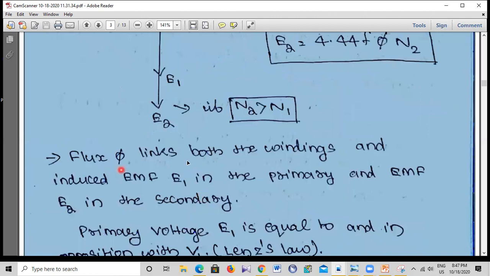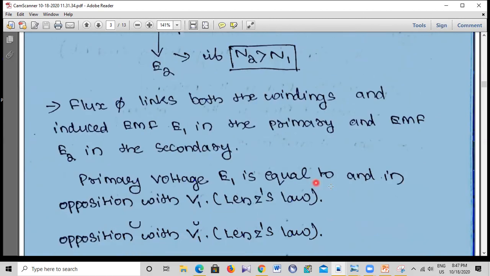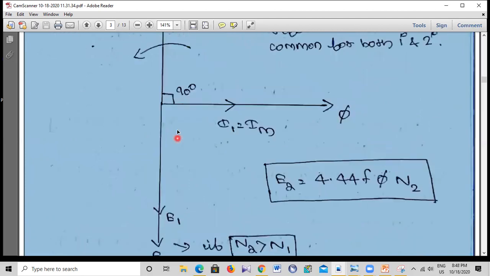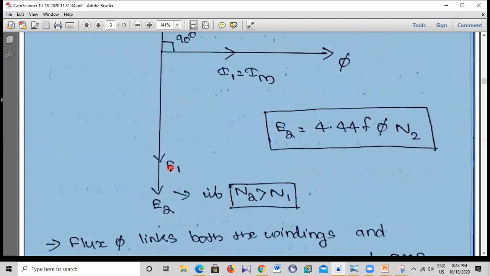Flux phi links both the windings and induces EMF E1 in the primary and EMF E2 in the secondary. I already explained. The primary voltage V1 is in phase opposition with E1 but equal in magnitude, according to Lenz's law.